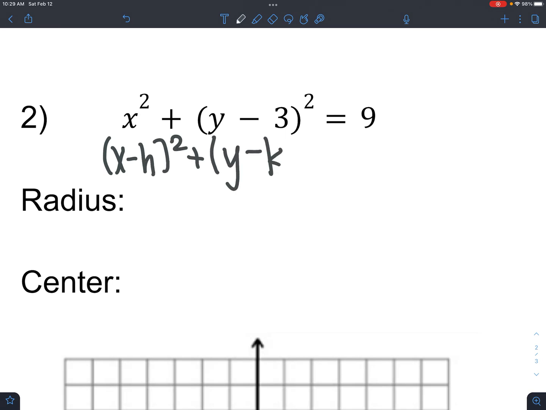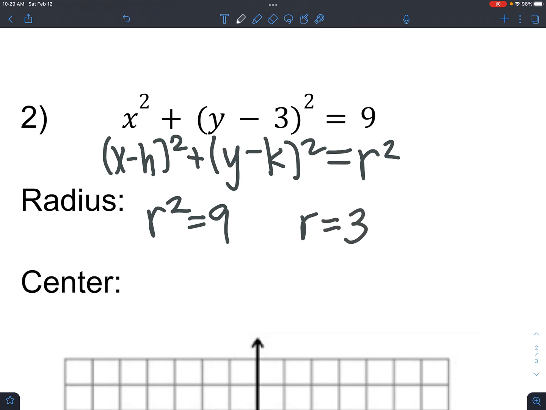Okay? And same deal here. R squared is 9. Matching those up. So what squared is 9? 3. And the center. What do you think h is? h happens to actually be 0. Because x minus 0 is x. So that's how it would match up.